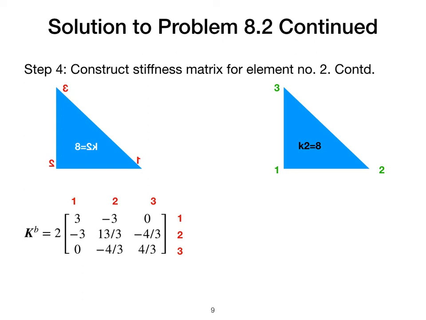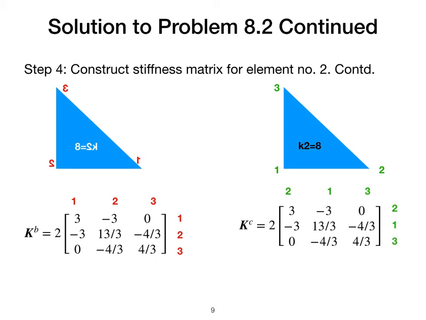So it is conventional that element numbering is anti-clockwise. Hence, instead of clockwise 1, 2, 3 as given in red, if we reorder it 1, 2, 3 as shown in the right figure, which is anti-clockwise, we can get the corresponding stiffness matrix by rearranging rows and columns.